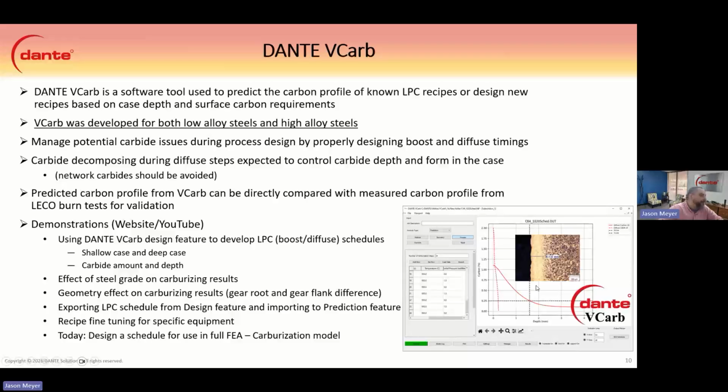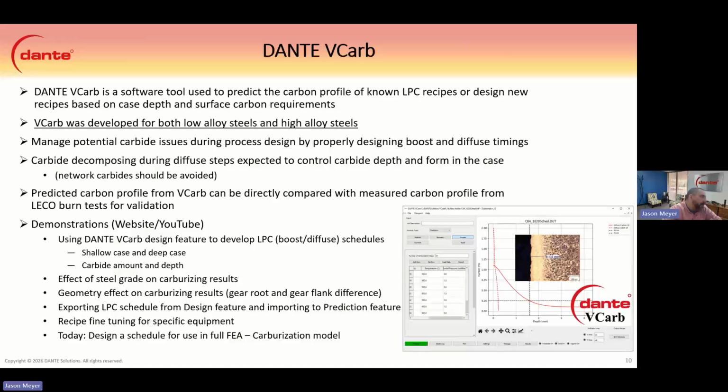But when we plug that recipe that we used into the VCarb software, we can see that this dotted line here is those carbides that we can see to the 0.132 or so millimeters depth. Hopefully you guys can see that as well as I can. And then the other predicted carbon profile is through here, the case. So we really want to manage and reduce the amount of carbides that are formed, especially with these high alloy steels.